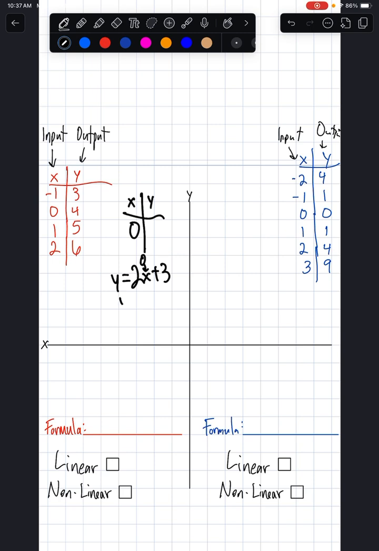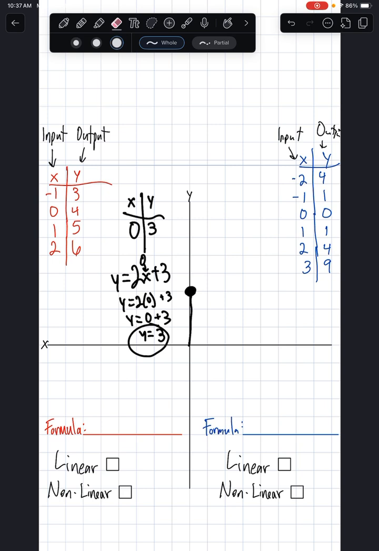So that gives us y equals 2 times 0 plus 3. Well, we know that 2 times 0 is 0, plus 3, which means that y equals 3. So this is our output. So we can put that there. So we know that when x is 0, and remember this is our x-axis, this is our y-axis, when x is 0, our y is 3.